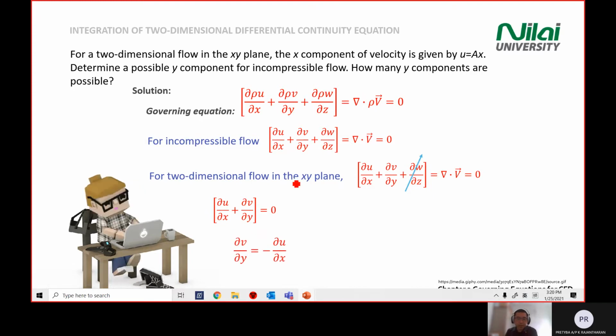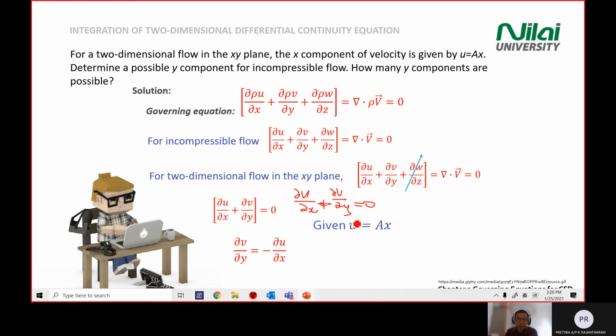Then, because you want to find the vector form, we rearrange this equation. Del u over del x equals negative del v over del y. You pull your del u over del x to the right hand side, you get negative.